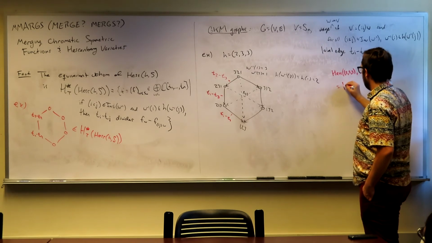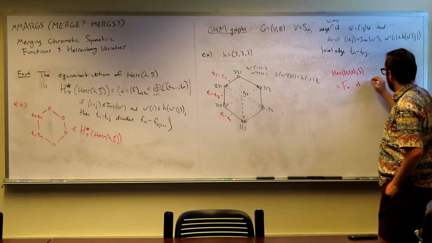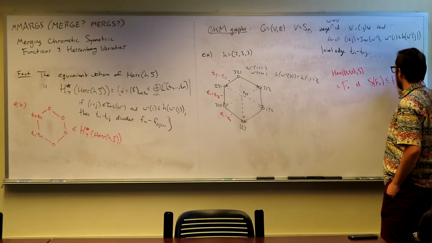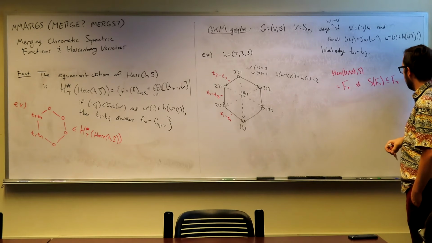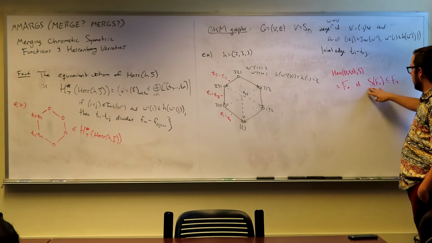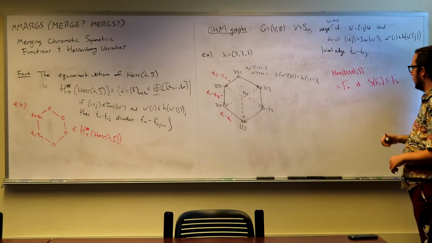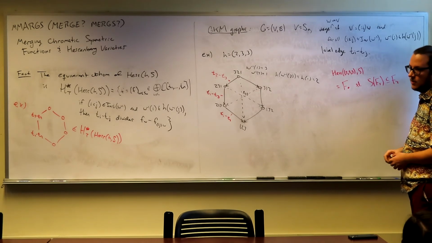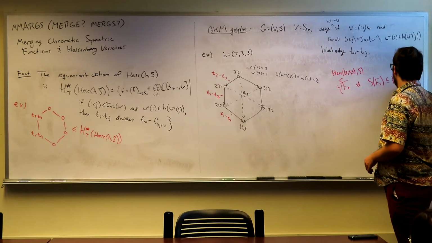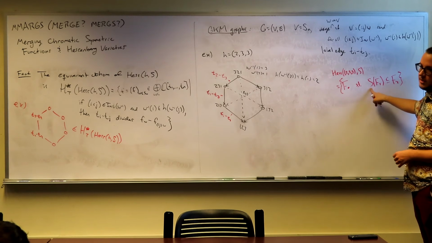So it's flags such that S applied to F1 is contained in F2, and the other criteria are automatically fulfilled. So this is really the only relation. It's any flag where, when you apply your matrix to F1, it's a subset of F2. Again, you can describe it more explicitly, but you would need a matrix.